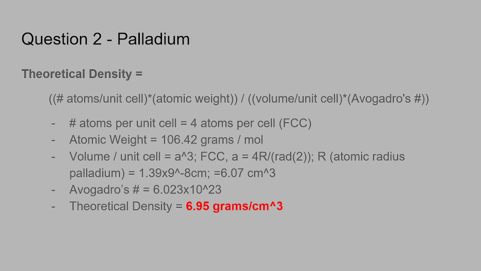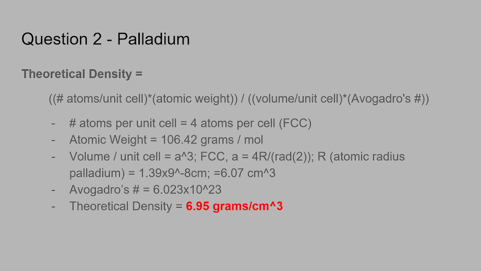The third part of question 2 was looking at the theoretical density for palladium and copper. The formula is the number of atoms per unit cell times the atomic weight divided by the volume per unit cell times Avogadro's number. The number of atoms per unit cell is 4.